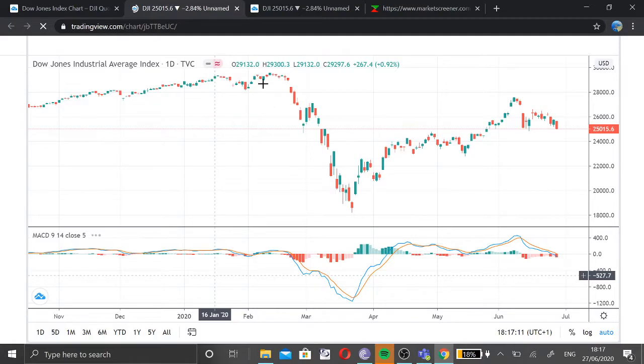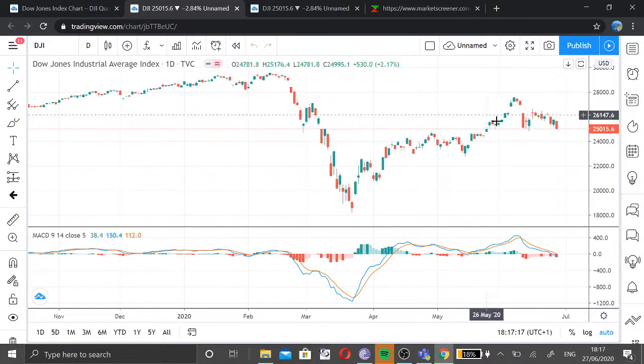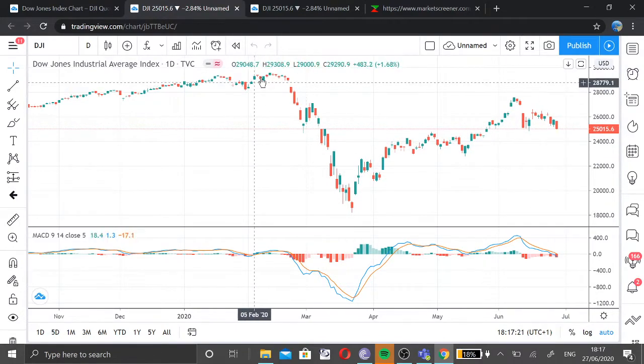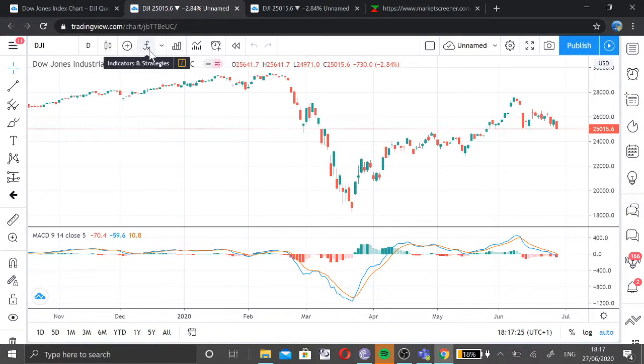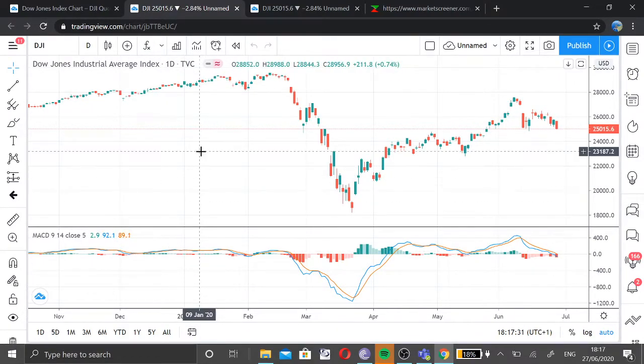Here I have set it on candlestick chart because that's what I like to look at. There are lots of technical indicators. However, I only follow one or two. Here I'll be showing you the MACD technical indicator.